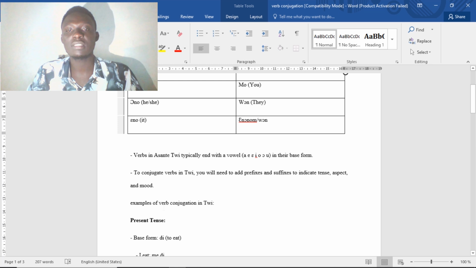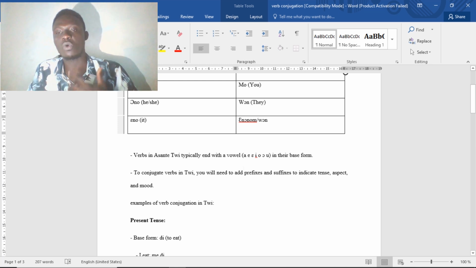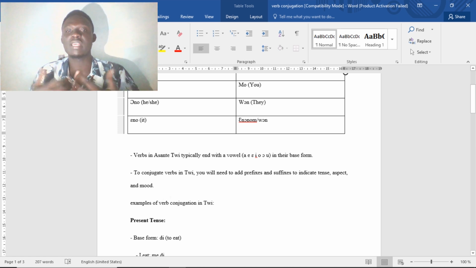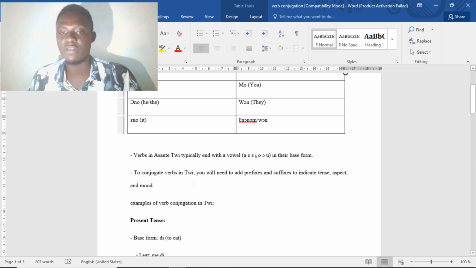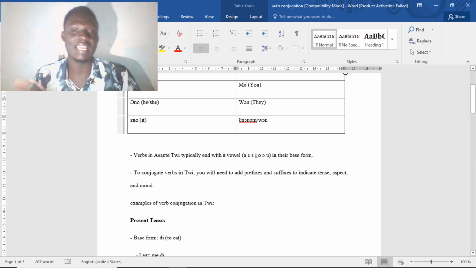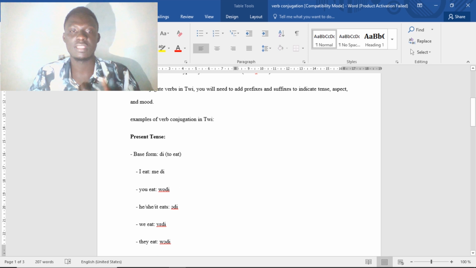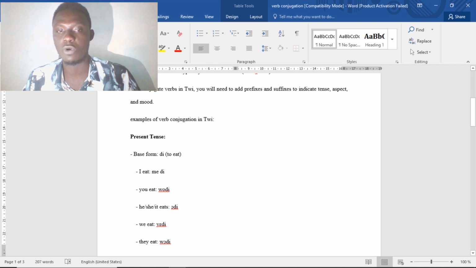One thing we should also take note of is that when we are dealing with the continuous form of the verb, that is the progressive form, or the imperative form, we add prefixes and suffixes to the verb. So let's look at the present tense, how we put verbs in the present form.